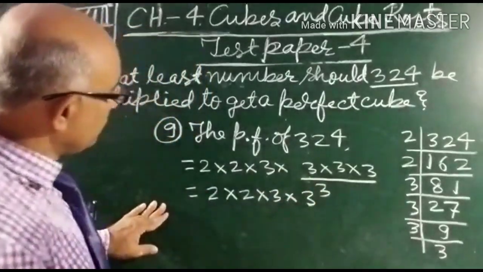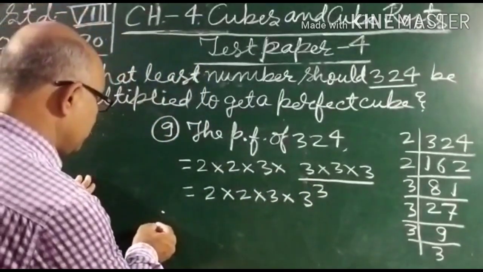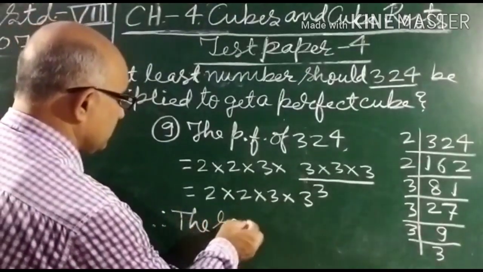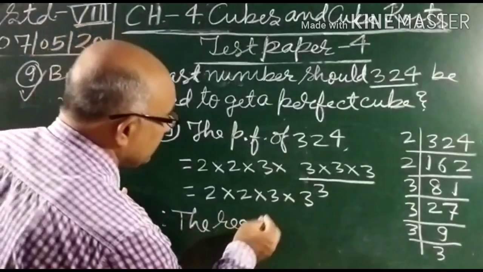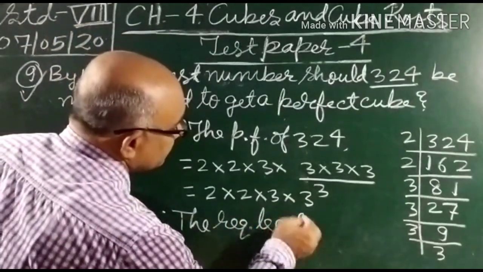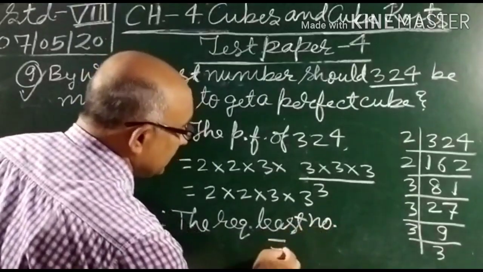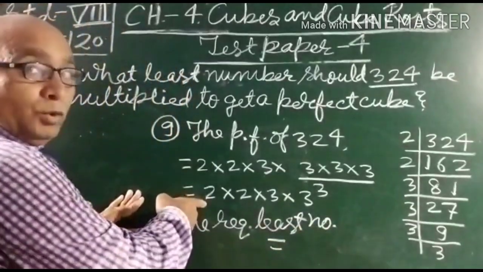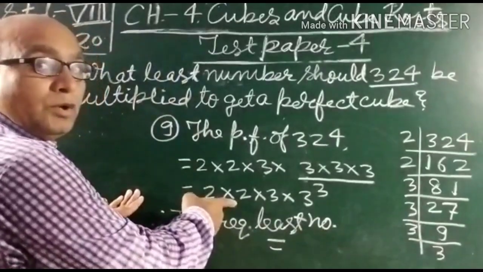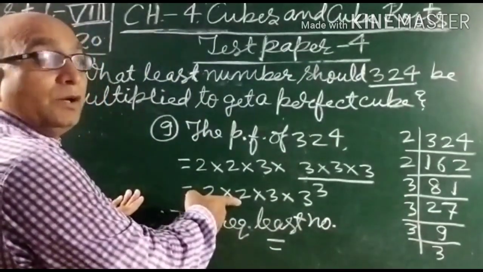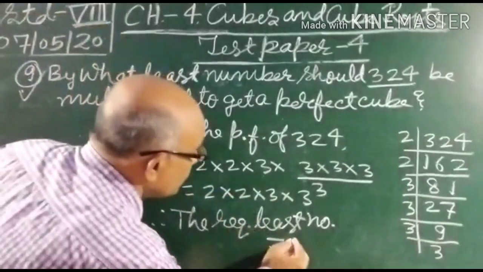Therefore, the required least number equals 2 into 2. To make a triplet, it is multiplied by one more 2, so 2.